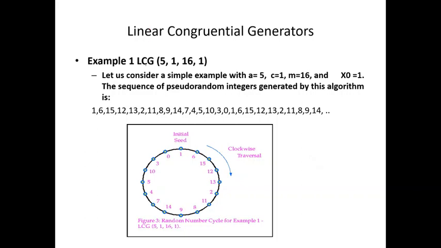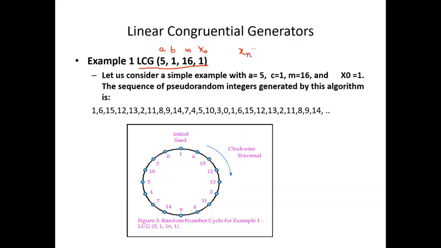Let's take the first one. See, it is written as LCG 5, 1, 16, 1. So remember, this is A, this is B or C, whatever we want, we can call it as increment, multiplier. This is the modulo and this is the seed, x naught. So how do you define the equation?